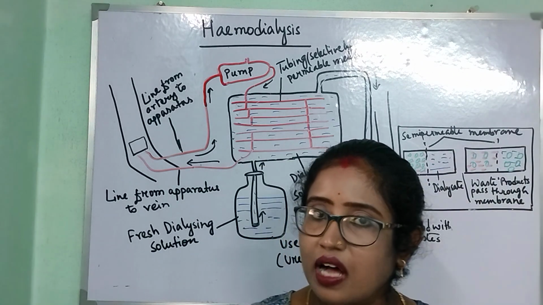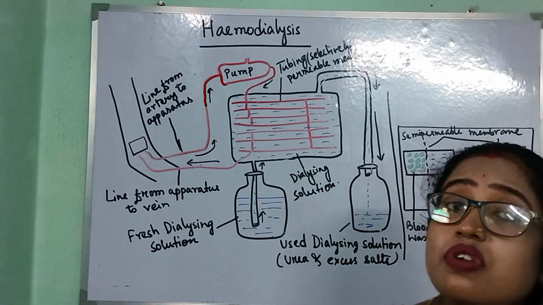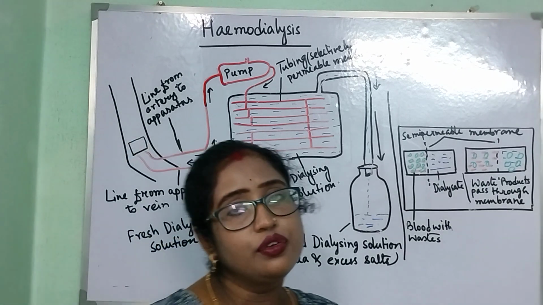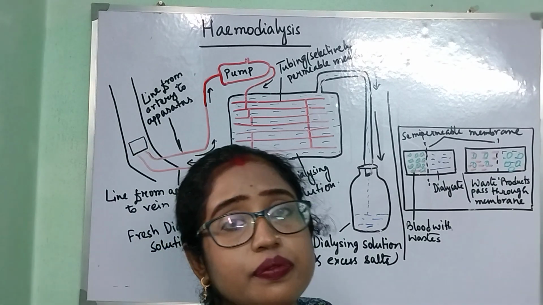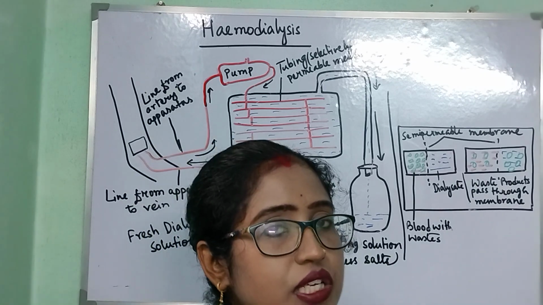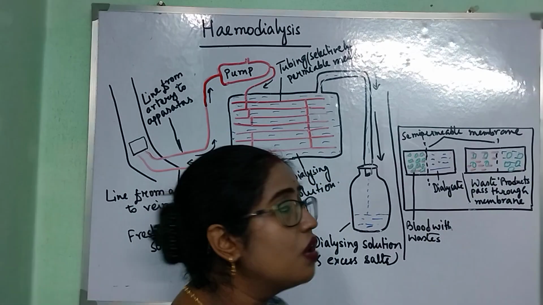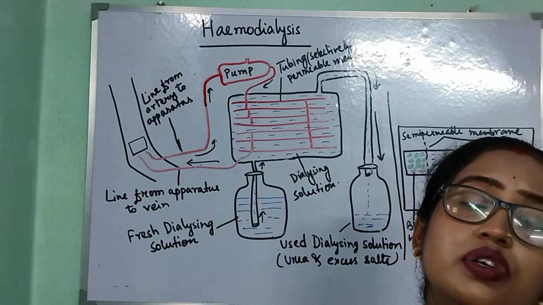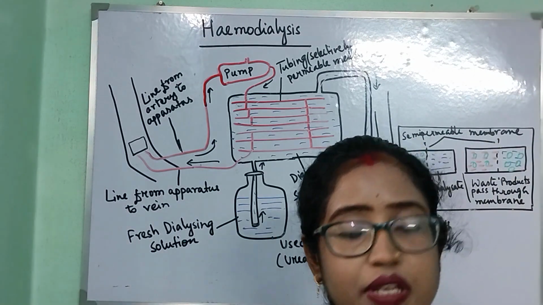So this is a very vast process, and it is also a very vital process. If both the kidneys are unable to perform their action, then the hemodialysis process is needed for the survival of that patient.